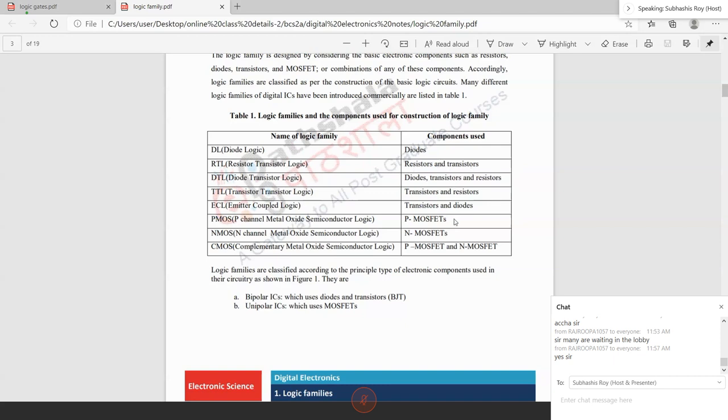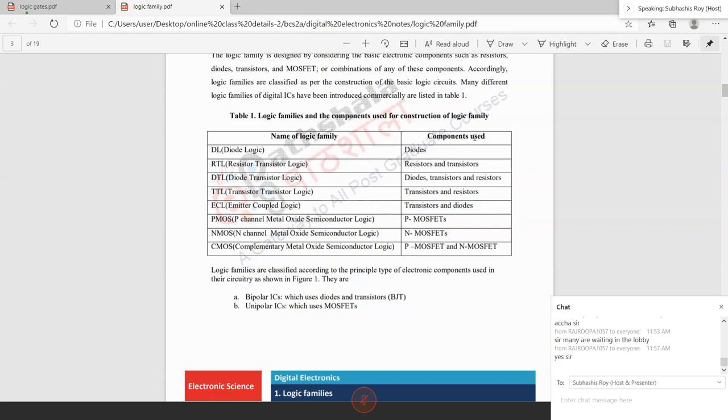These components are not digital, they are analog. So though we are talking about digital systems, digital logic blocks, digital gates, actually we are connected with analog components. For each and every logic family, analog components are connected.